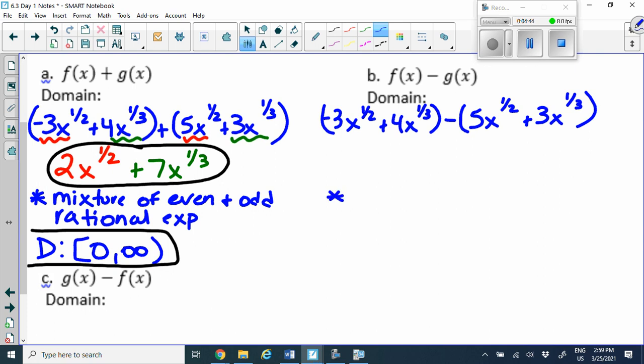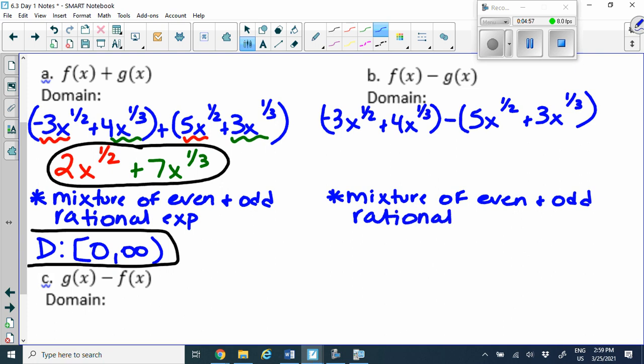Once again, notice this is a mixture of even and odd rational exponents. So anytime you have a mixture of even and odd rational exponents, the domain is going to be the same as if it was just an even, because 0 and positive numbers are the only numbers that work for all the terms. So I'm going to have bracket 0 to infinity, and that'll be my domain.